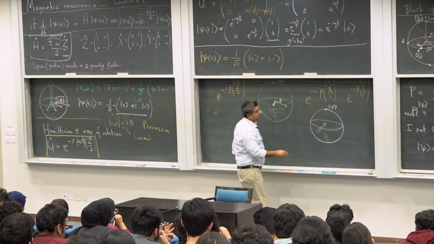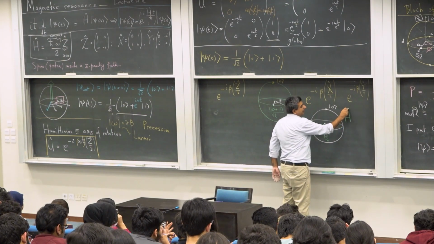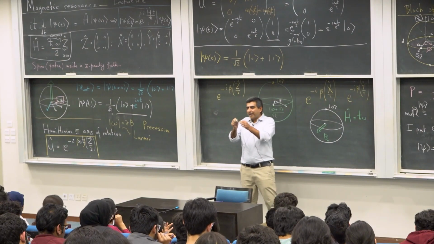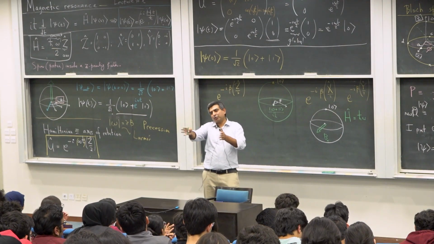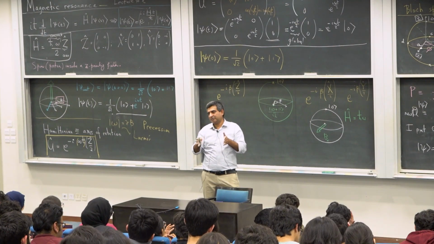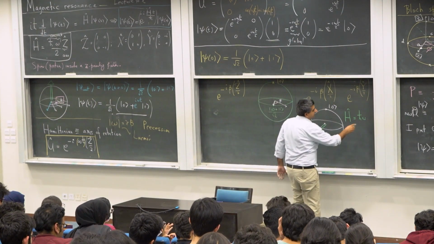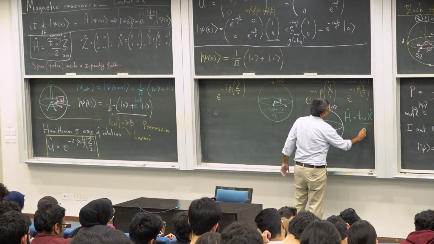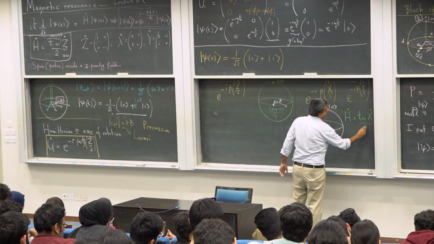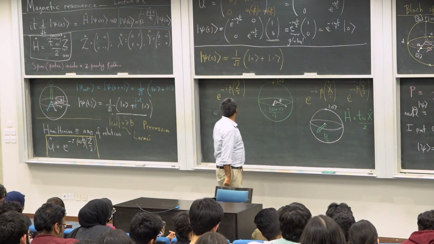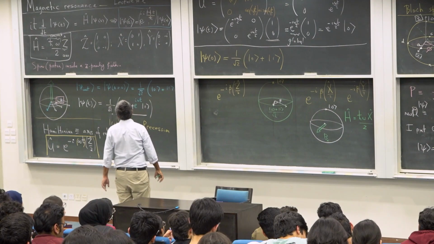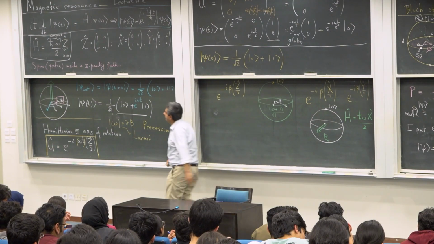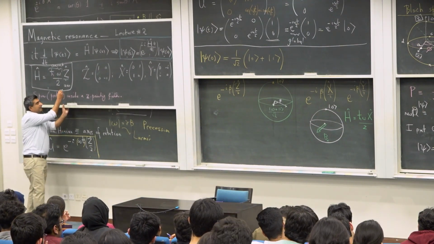Now the Hamiltonian for this process H is going to be h bar omega. Omega is now gamma times B, but now B is in the x direction, multiplied by X over 2. This is my Hamiltonian. Correct? In complete correspondence with this Hamiltonian.